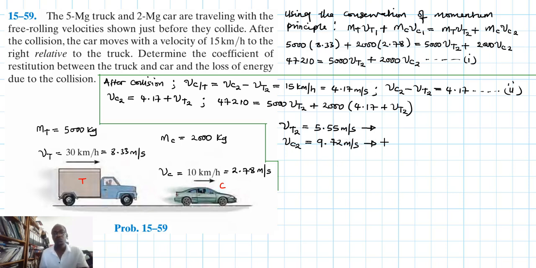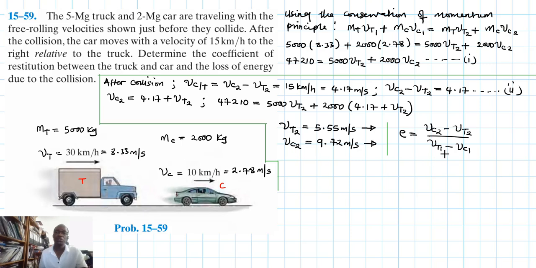The question here is to determine the coefficient of restitution. We know that e is equal to VC2 minus VT2 divided by VT1 minus VC1.